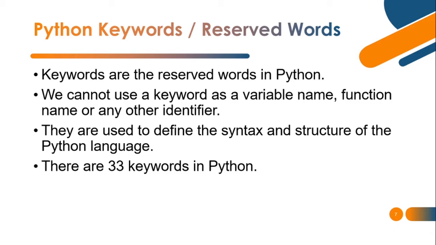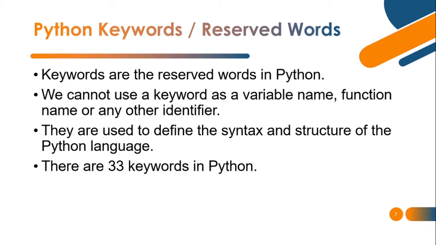Ang mga Python keywords, they are reserved words, meaning you cannot use those keywords in creating an identifier since they are built in to the Python programming language. So hindi mo siya pwede gamitin as a name sa identifier mo.